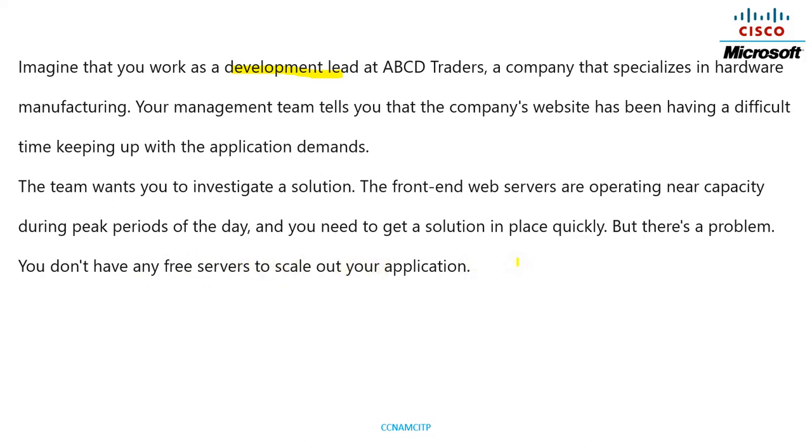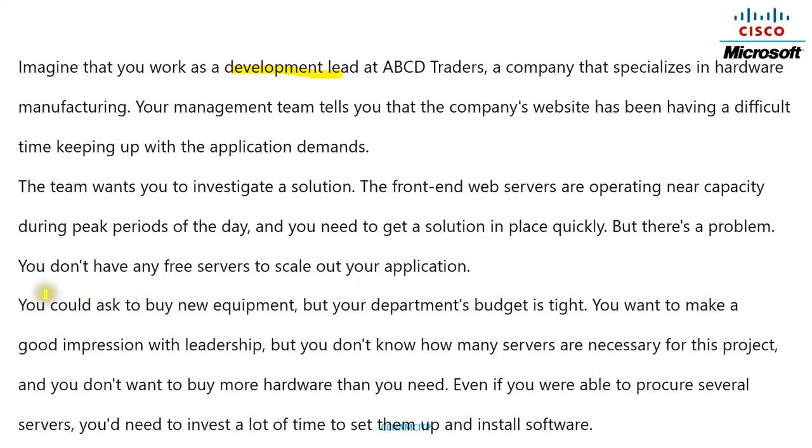You could ask to buy new equipment, but your department budget is tight. You want to make a good impression with leadership, but you don't know how many servers are necessary for this project, and you don't want to buy more hardware than you need.